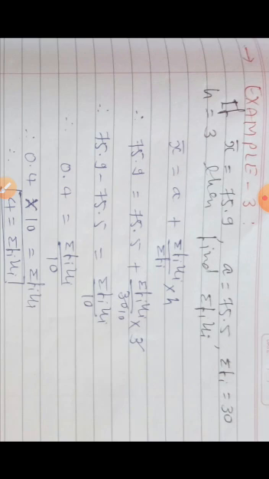The first term is shifted towards the left side, so that difference becomes 0.4. That is very simple. On the right side it is written as in the above step, sigma fi y upon 10. Now 10 is shifted to the left side, so 0.4 into 10, so sigma fi y becomes 0.4 into 10, which means 4.